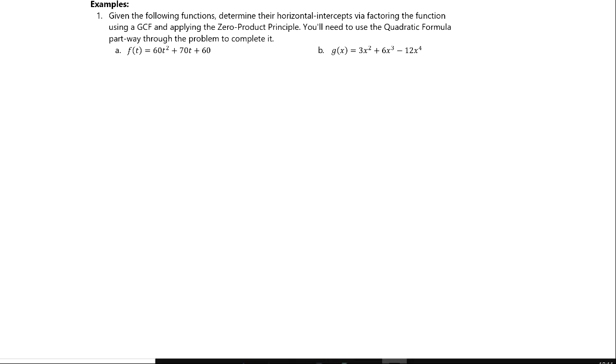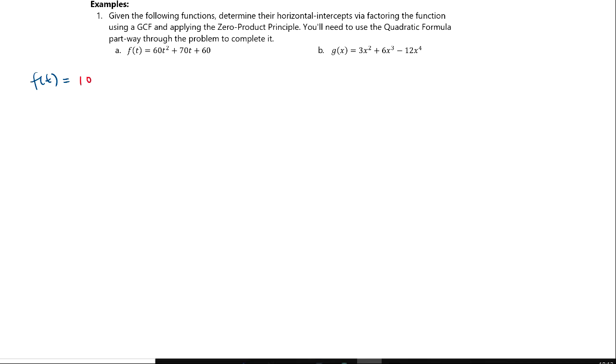And for the first function, we have 60t squared plus 70t plus 60. Whenever we're trying to do the factoring process, we want to go through the GCF process first. For this one, if we look at the GCF between the three constant coefficients, we have the factor being 10. And we can check the variables as well.